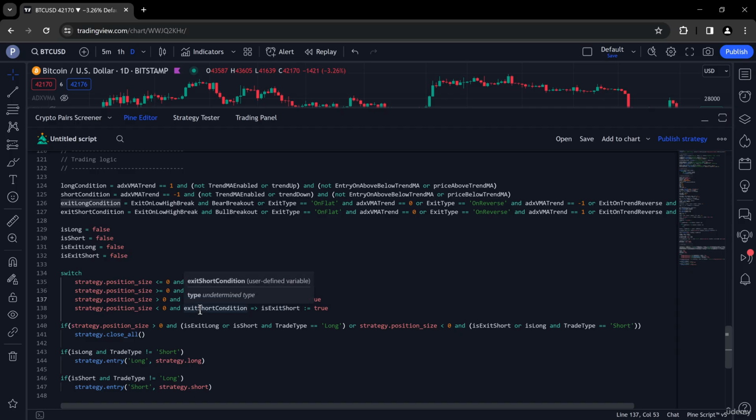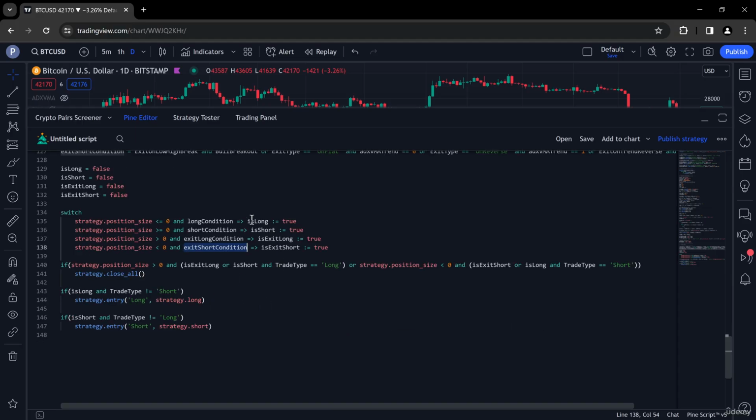And opposite logic is for exit short. So now we have set our trading signal variables. So now we are going to execute trades depending on these parameters that we have just set.